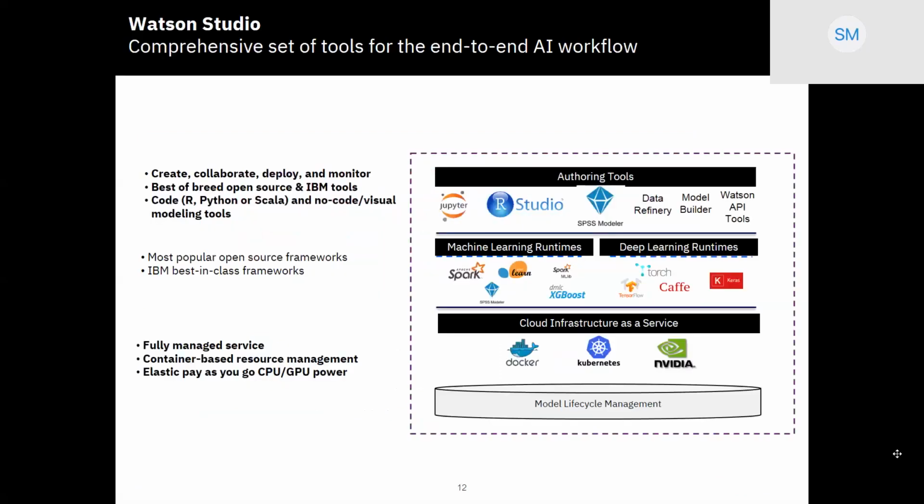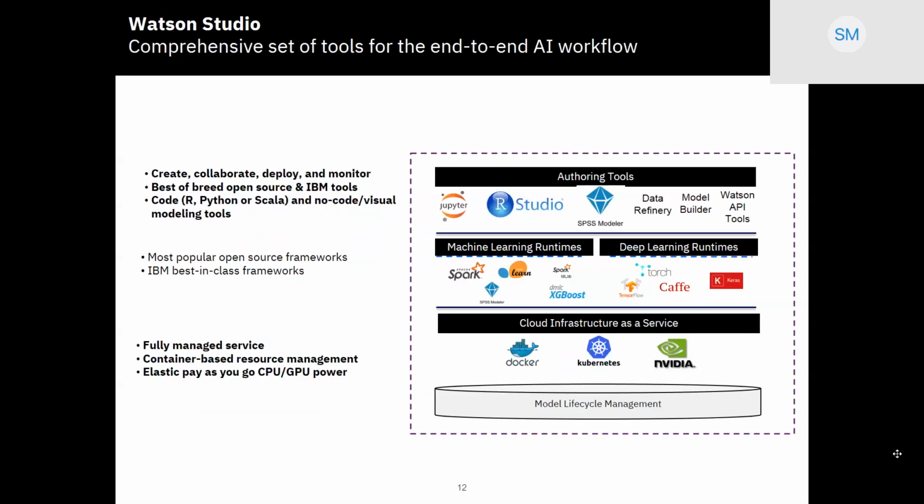Right. So if you look at this, there are three sections, right? You have the authoring tools like RStudio and Jupyter, which we already have spoken about. And then there is SPSS Modeler for IBM Watson Studio. And then you have Data Refinery, Model Builder, and Watson API tools that you can also integrate, right?